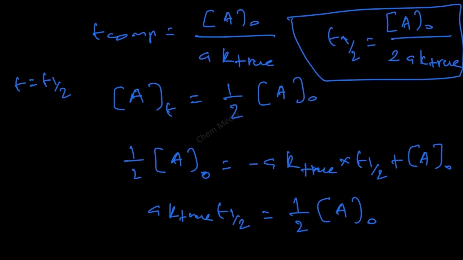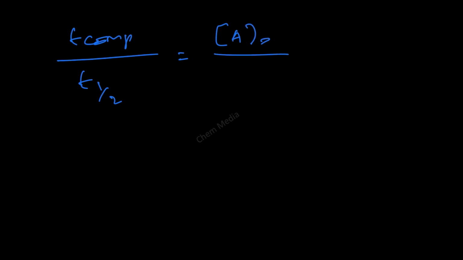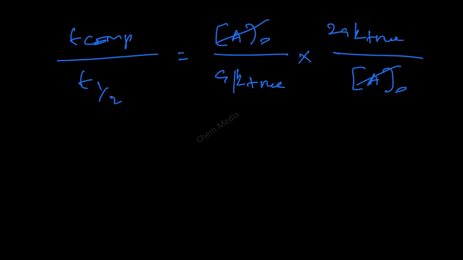So now if we divide T completion by T half, what would we get? We would get initial concentration divided by A times K true, times 2A K true divided by initial concentration.